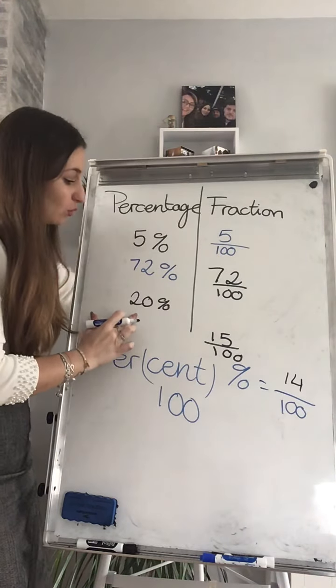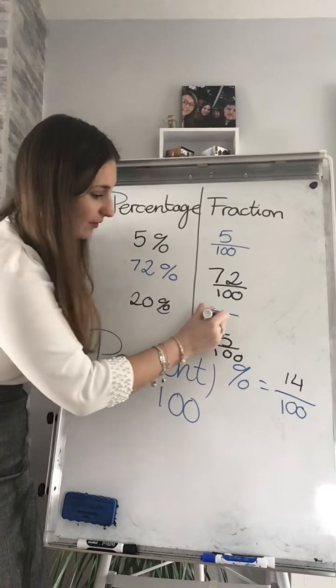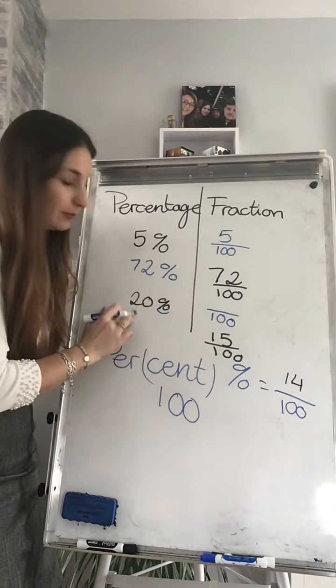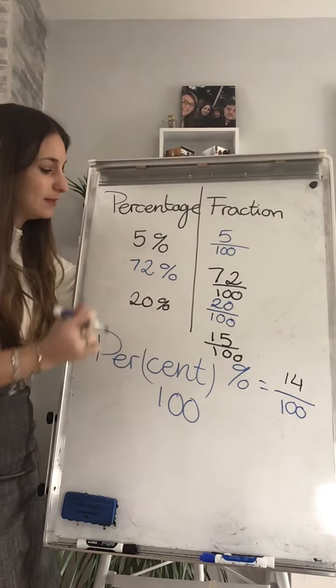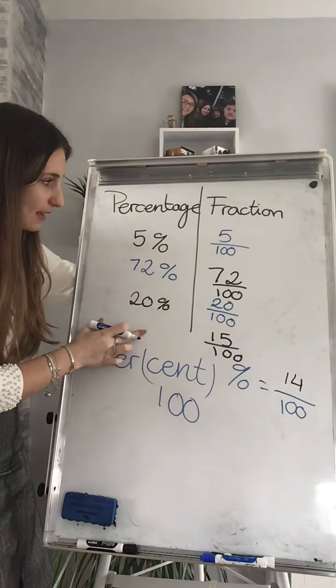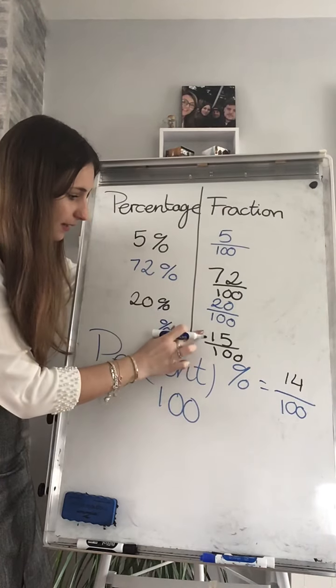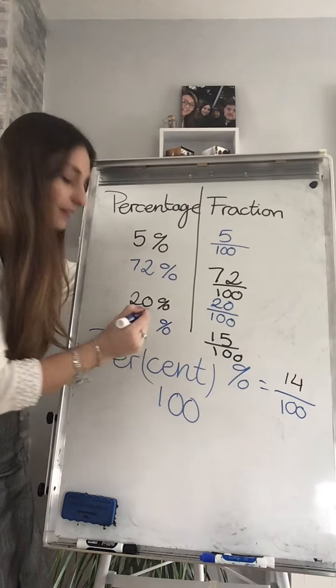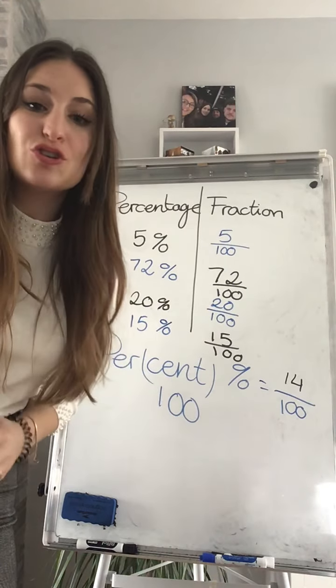Okay, my next one, 20%. I know that if it's percent, I have out of 100. And how many do I have? 20. So I have 20 hundredths. And 15 hundredths as a percentage is out of 100, so percent, I have 15. Really easy, isn't it? Not really complicated, so you should be alright with it.